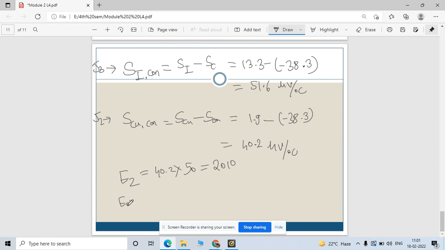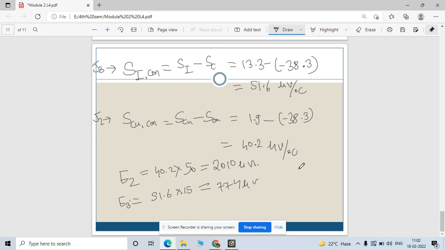And same E3, when you multiply by junction temperature, which is given 15 volt, right? Sorry, 15 degree, then you will get 774. So these are the value voltages in terms of your microvolt.